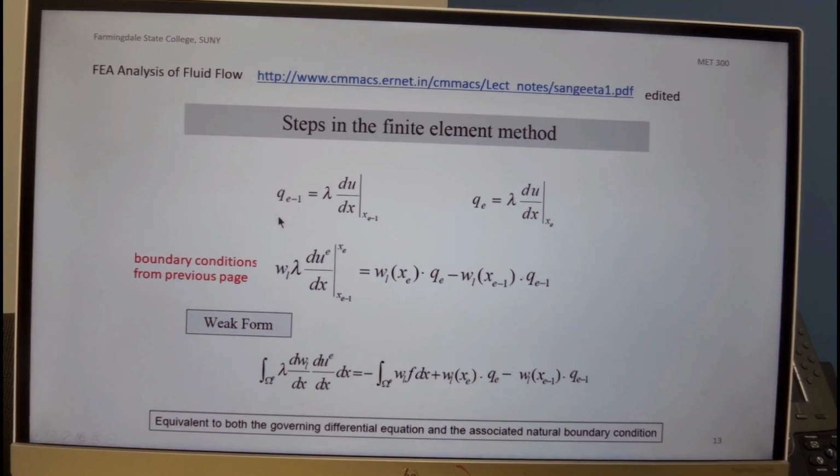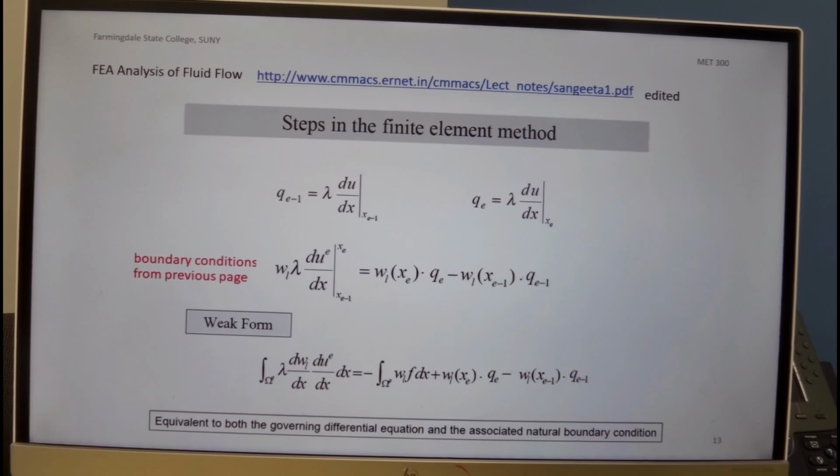We can replace the expression for lambda du/dx at the nodal value by the quantity q at the nodal value for each element, and then the expression of the weak form is simplified. This is the exact same expression as before, but instead of having the expression lambda du/dx, we plug in q, and we come up with this expression.